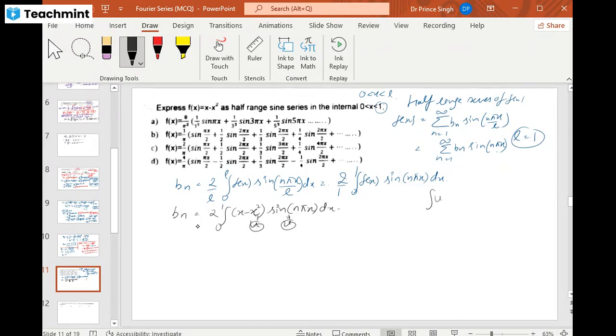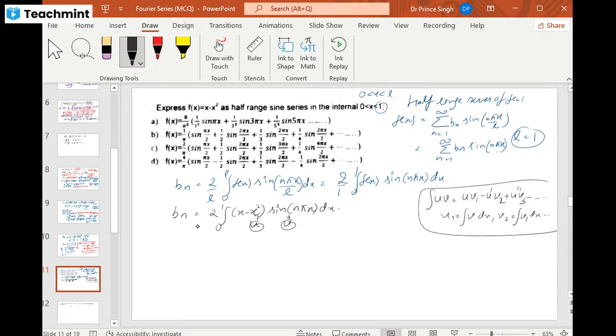The formula is uv1 minus u dash v2 plus u double dash v3 and so on. Here v1 means integral of v, v2 means integral of v1, and v3 is integral of v2, and so on.